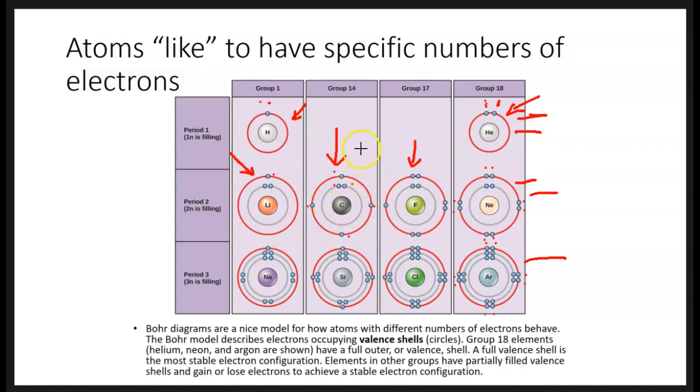It's got that outer shell half full. Because carbon can either gain or lose 4 electrons to have a full outer shell, carbon likes to form bonds with lots of things. It's a reasonably stable element because it's right in the middle, but it's good at forming bonds.